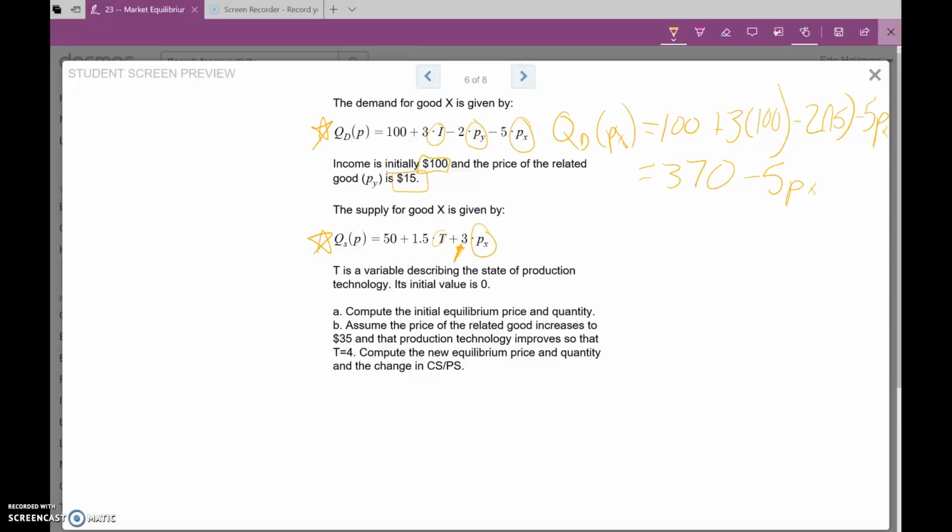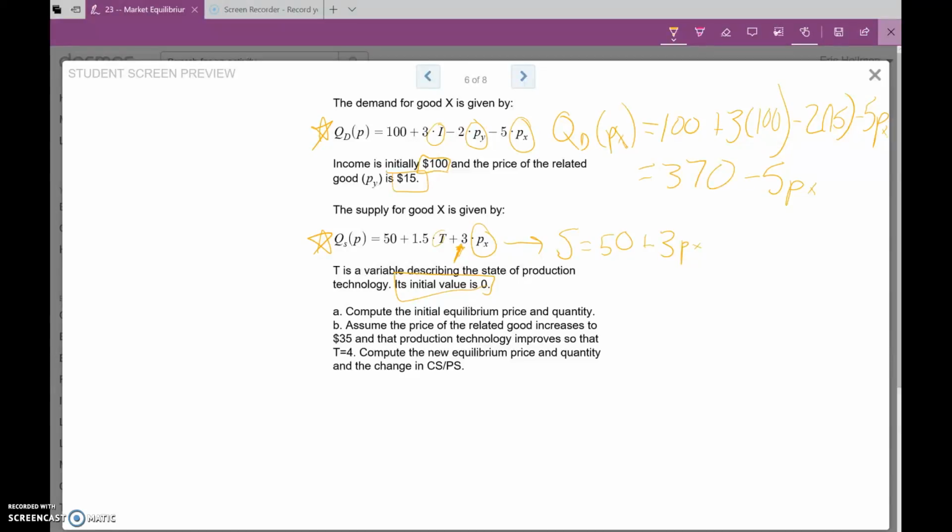So the higher it is, the more technologically advanced the firm is. Okay, so we're told that the initial value for T is 0. So the quantity supplied is going to be 50 plus 0 plus 3 times px.